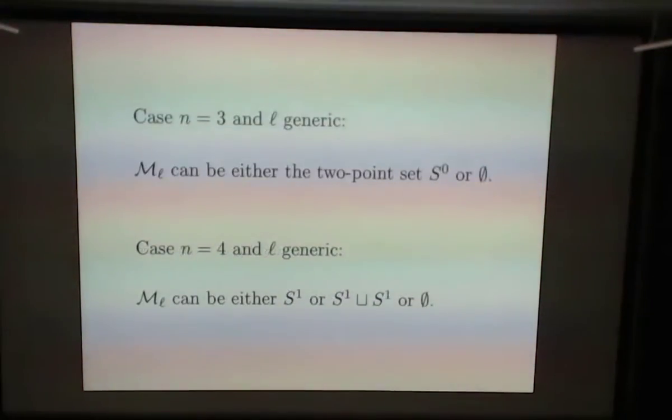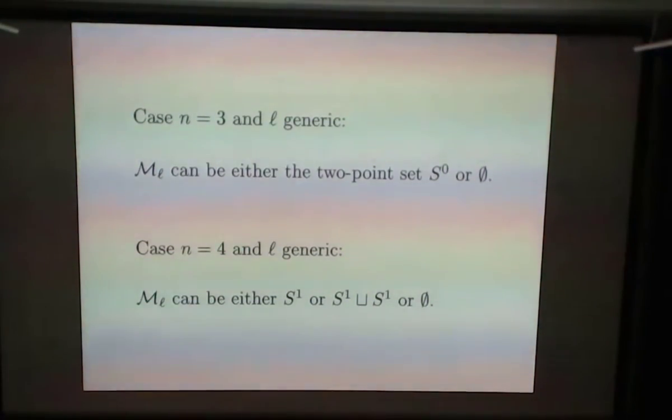Let's look at examples. If n equals 3, we are dealing with triangles on the plane, which is school material. From school geometry, we know that a triangle is given by its side lengths.